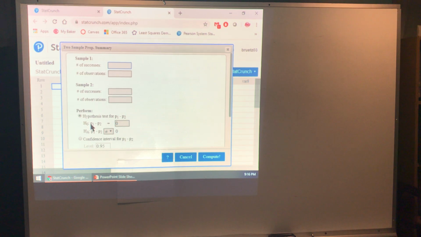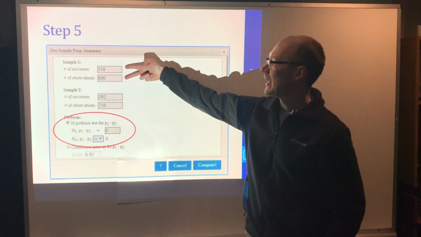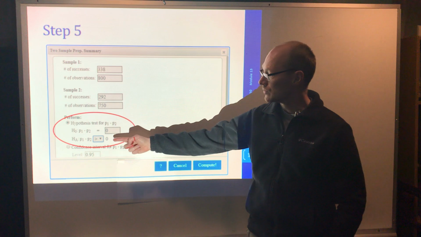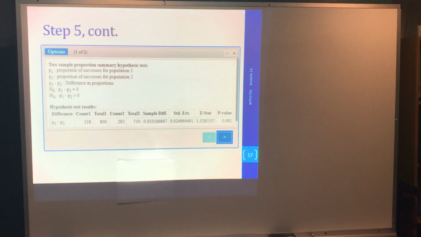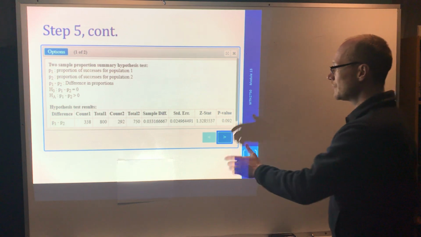And you notice that they have the difference, P1 minus P2 equals 0, and the P1 minus P2 you've got to set at greater than. And that's what I have right here. I put the successes in as the fraction, and then equals 0, greater than 0, and we move on and see what our summary statistics are.